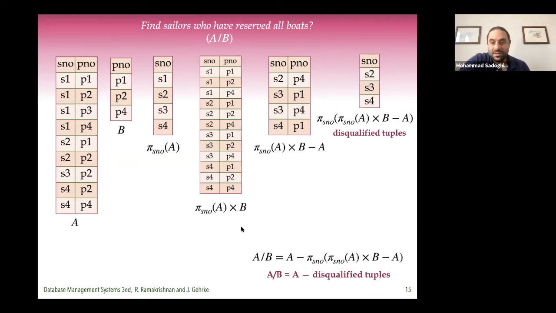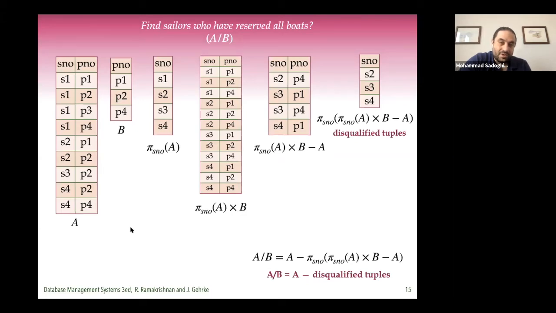So if I were to subtract this from this set, the only answer that would remain is S1. And S1 is the one who has reserved all boats. So with a series of compositions of relational operators, we were able to construct the answer.